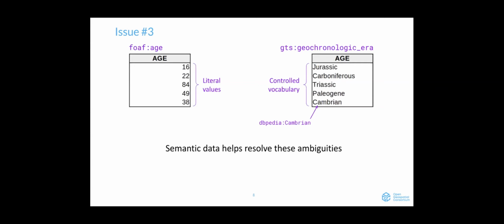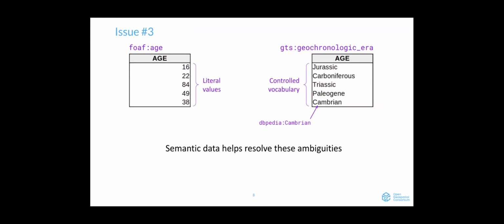One would assume that the age is basically a number that specifies the number of years that have passed since the birth or the creation of whatever object we're dealing with, right? But that may be true in one case, but not in the other. We may be dealing with the age of a person in one case, and with a geological age in the other, a geochronological era, so to speak.